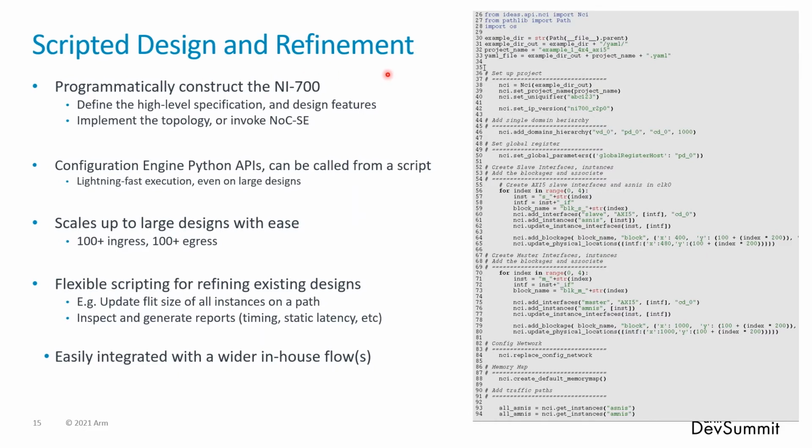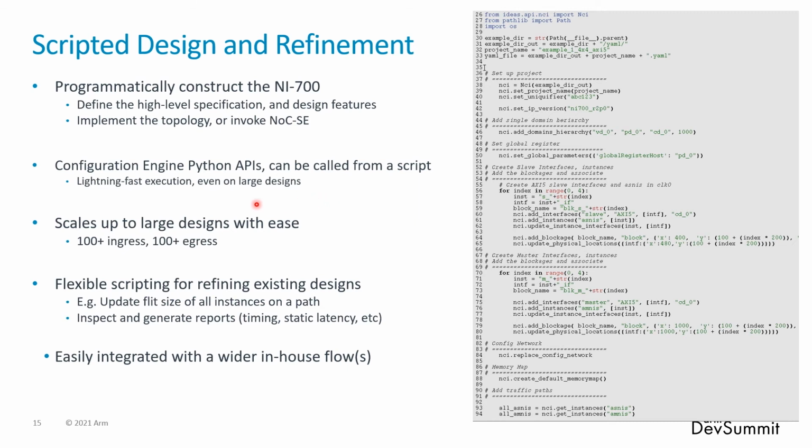In case of a fairly regular design, where the users can just design one small area and maybe stamp it out, or in order to better enable integration with the other flows, we also have a Python-based scripted design and refinement environment. So the user is able to programmatically construct the NI 700, define the high-level specification, design features, or they could even invoke NoC-SE through the same API.